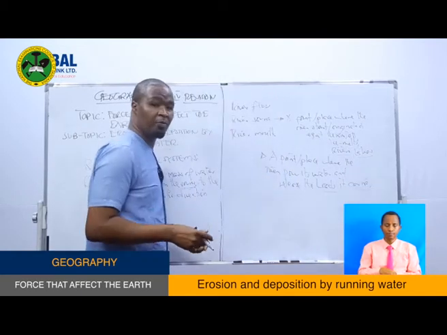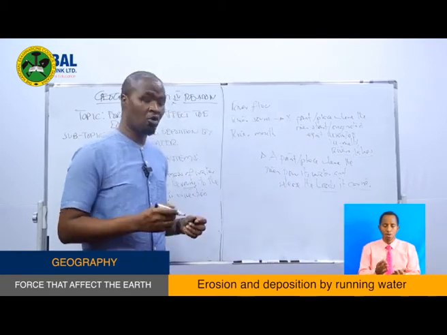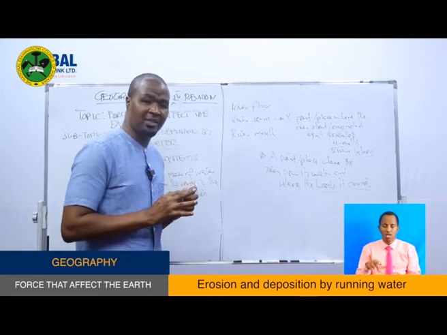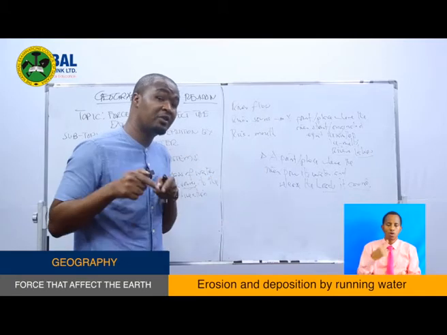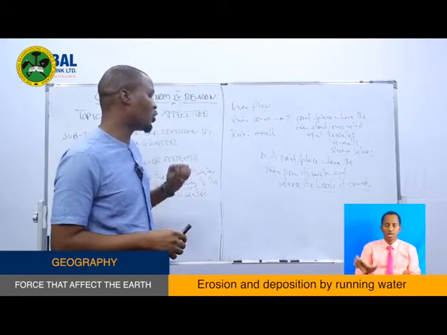Are you with me? Loads refers to the different materials carried by the river. So a point or a place where the river pours its water and the material it transported, that point is what we call a river mouth.